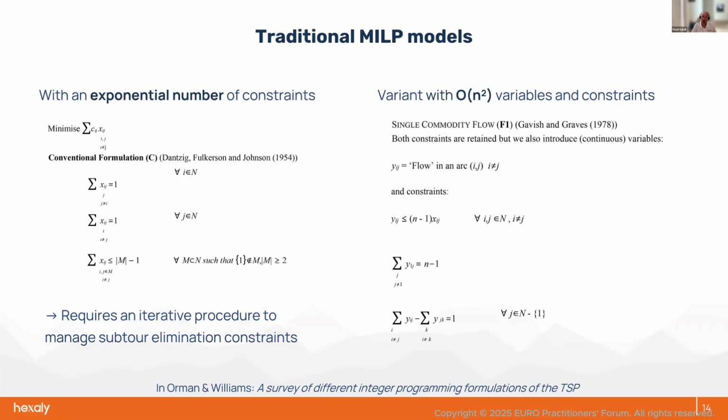And you have an exponential number of these constraints. So you can generate all of them, but it's not scalable. So if you don't want to generate all of them, you can make a branch and cut approach. You generate them on the fly. This is the root of the branch and cut approach that you learn at school.